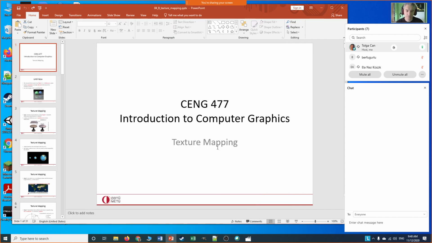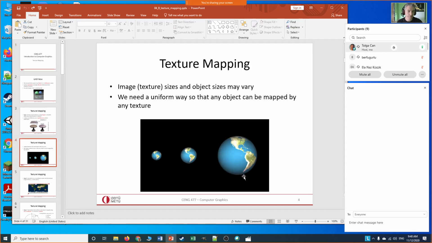Okay. Today we are going to talk about texture mapping, which will allow us to give a varying reflectance coefficient for the diffuse component over the surface of an object. So instead of having a red sphere, we will have spheres, for example, for the Earth.